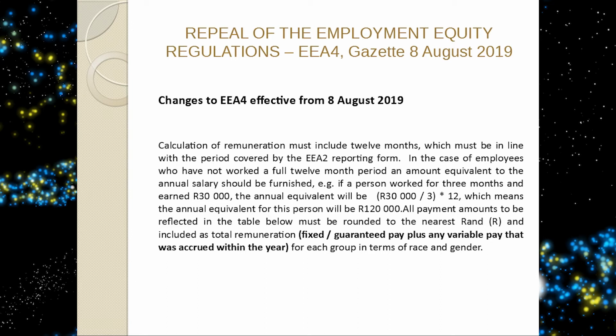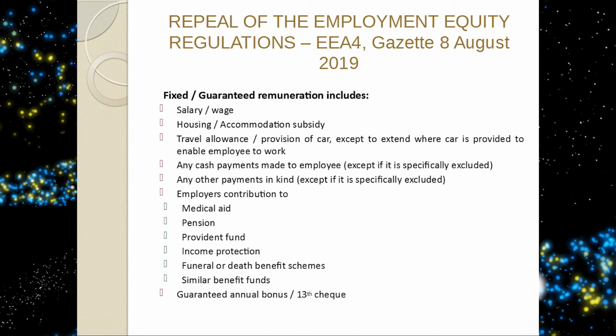Remember, colleagues, why do they want it annualized? The answer is they want to compare apples with apples and pears with pears when you submit remuneration. Fixed and variable. Fixed or guaranteed remuneration include your salaries, your wages, your housing, accommodation subsidy, travel allowance, provision of a car, except of course where the car is being used to provide the employee to perform his or her duties.